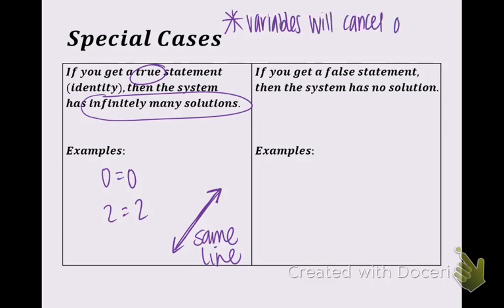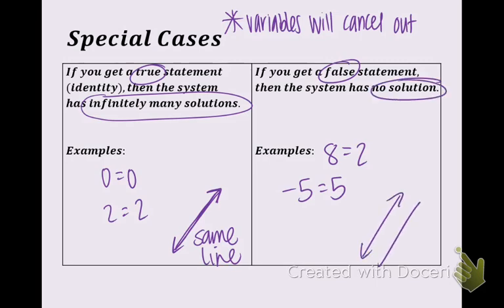They will go away, aka disappear or be eliminated. Now, if you get a false statement such as 8 equals 2 or -5 equals +5, then you're going to have no solution. And when that happens, there are parallel lines. And you know that parallel lines do not intersect.